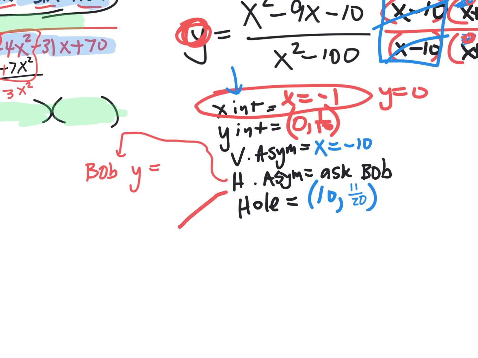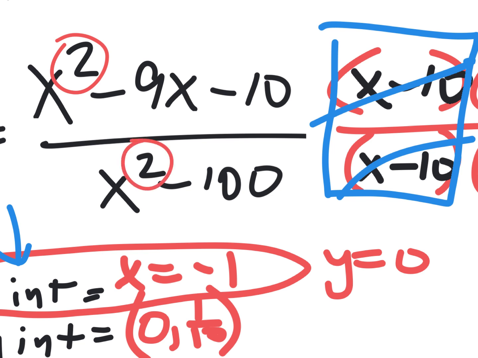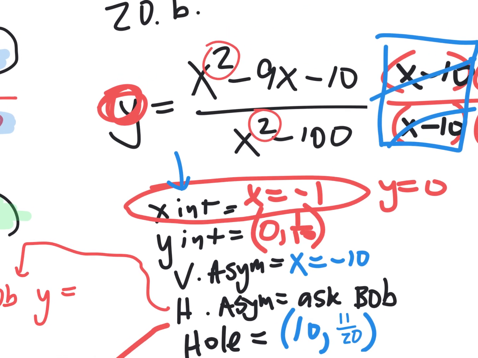Okay, so let's look back at this thing. Would you agree that this has an x squared on the top and an x squared on the bottom? So this one is the same on both. What if it was bigger on the bottom? Let's say there was an x to the third right there.